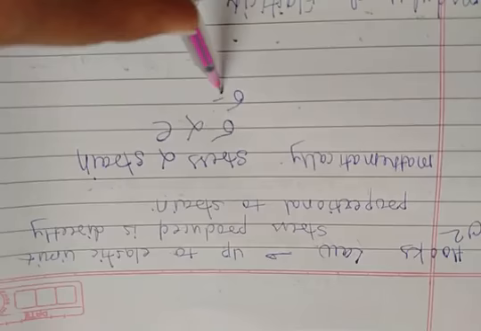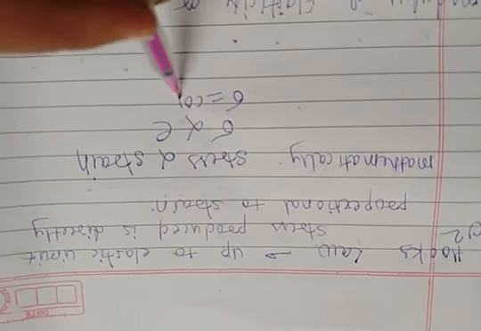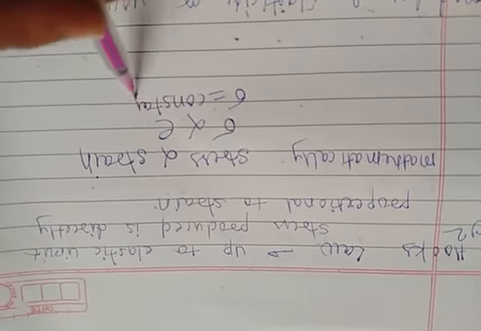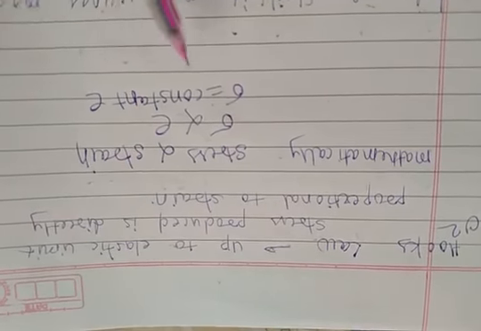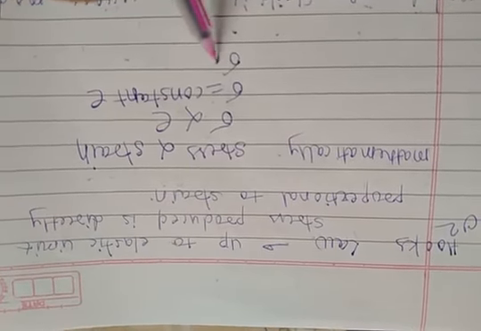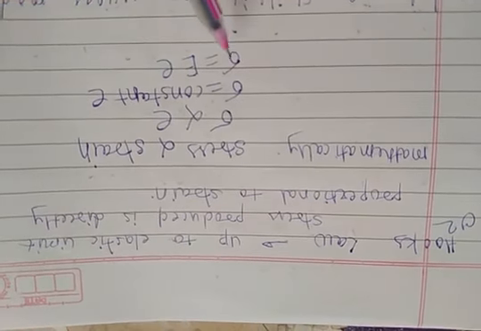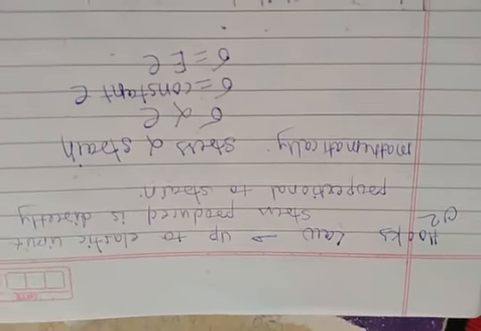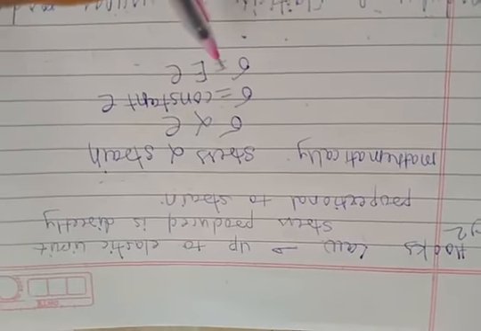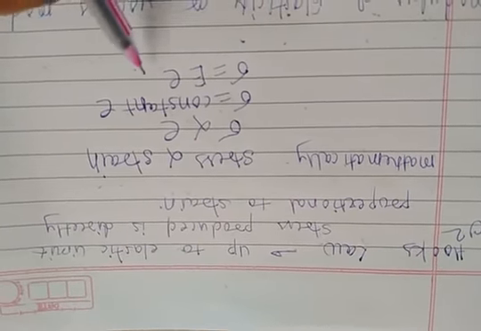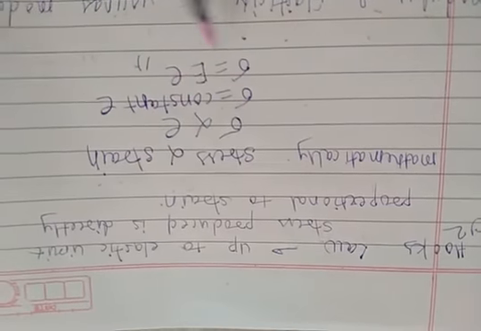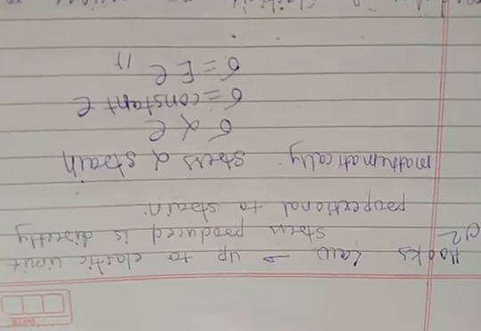So sigma is equal to a constant into small e, and that constant is taken as capital E. So sigma equals E into e. This is Hooke's law. You have to write the statement and this formula.